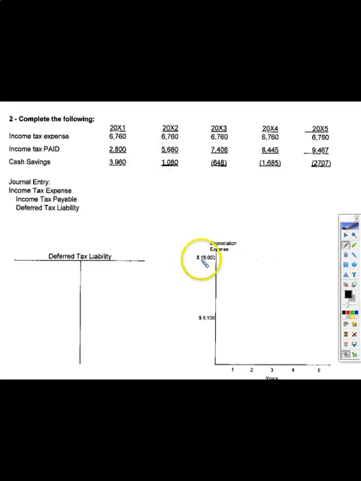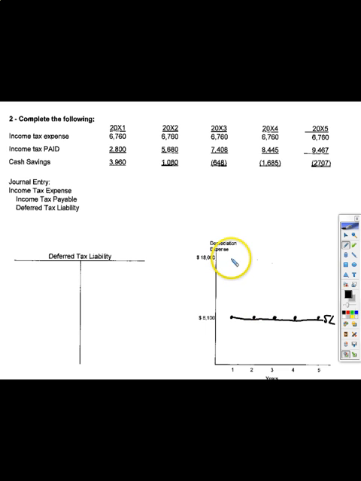Okay, if you go over one page, I've scheduled out depreciation expense. Now depreciation expense, if we had used straight line, was $8,100 each year. So if we were to draw that out, it would look something like this. And I hope you'll be able to draw better than I can, but again, that's the straight line.